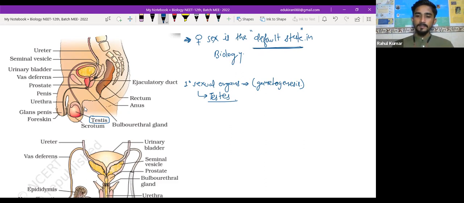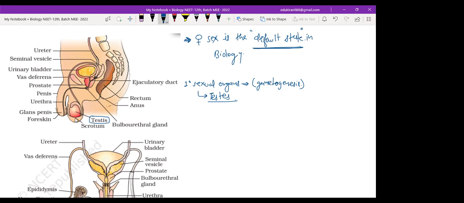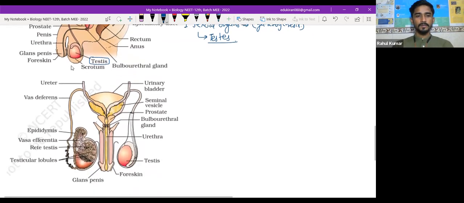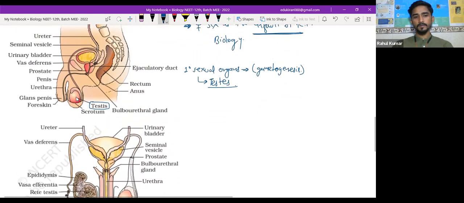Is it clear, everyone? Nora? Yes. Now write down. So let me first explain to you, then I'll make you write down everything in the next class. So this is testis, where inside the testis gametogenesis happens. Okay, so inside here is the site of gametogenesis.